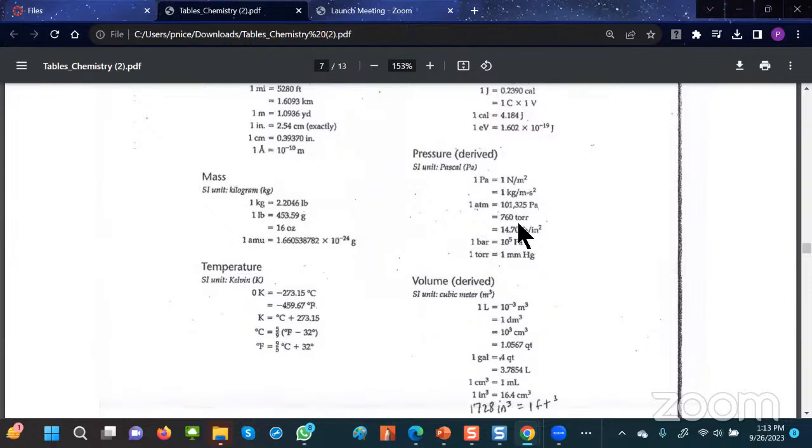So 760. Yes, sir. Okay, so what did you get? Oh, okay. Yeah, same thing. My calculator basically expresses it in scientific notation automatically. So it's 8.6. Okay, 366. So 8.68 times 10 to the minus 5.